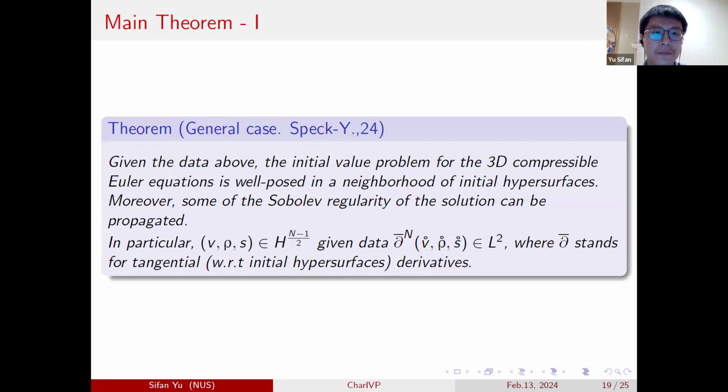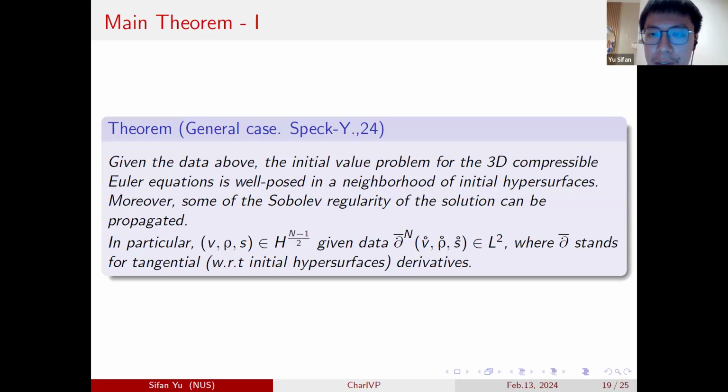Due to the multi-speed issue, you lose more regularity upon the process. So at the end of the day, if you can take n derivatives of your initial data, you will only have the solution living in the Sobolev space H to the n minus 1 over 2.